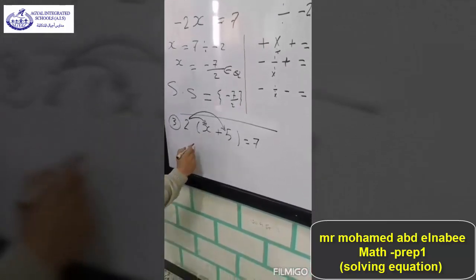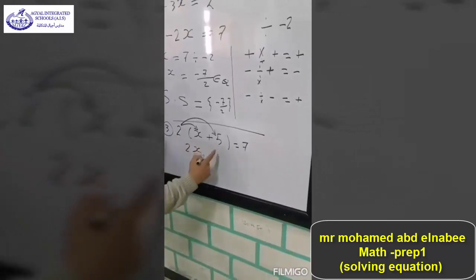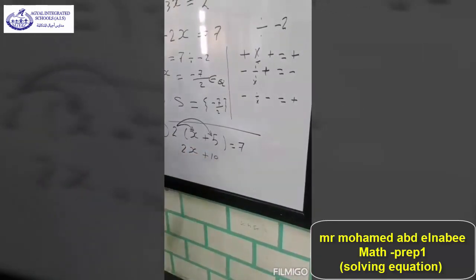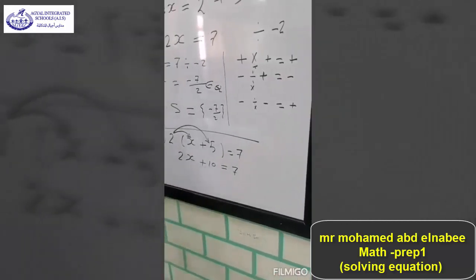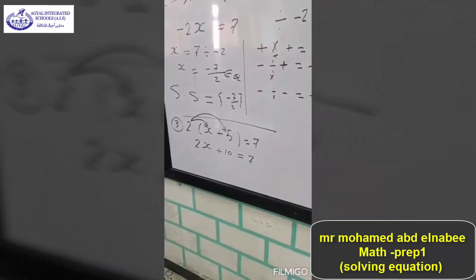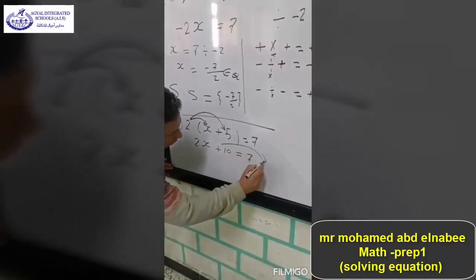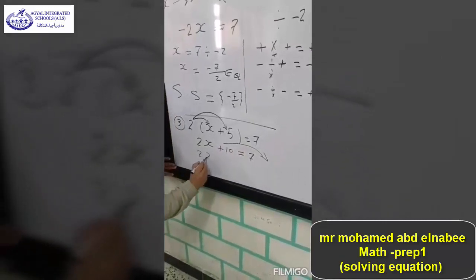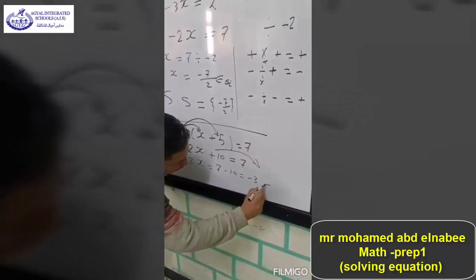2 times x equals 2x. 2 times 5 equals 10. Equals 7. But it's like any problem which we studied before. It's the same one. We take 10 to another side by the opposite operation. 2x equals 7 minus 10, which equals negative 3.